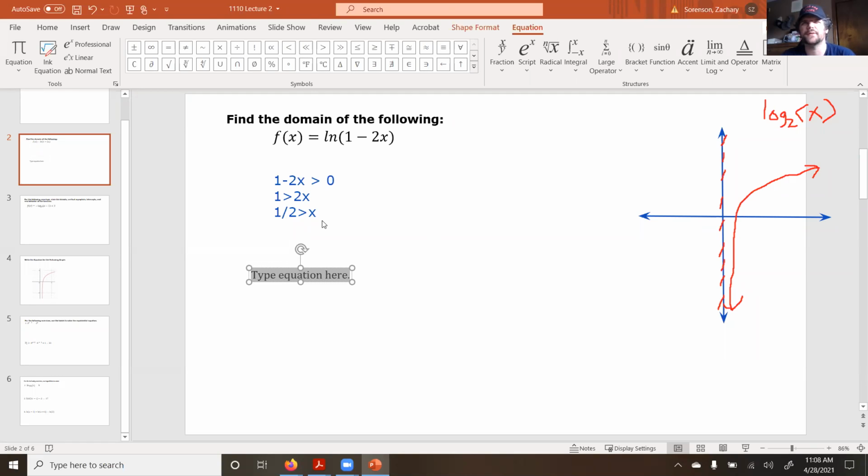It's probably a better way to read it. Oh, good thing we're doing this, we're reviewing our interval notation. So if x is less than 1/2, what's the smallest value x can be? Oh, wow. What's the biggest value x can be?